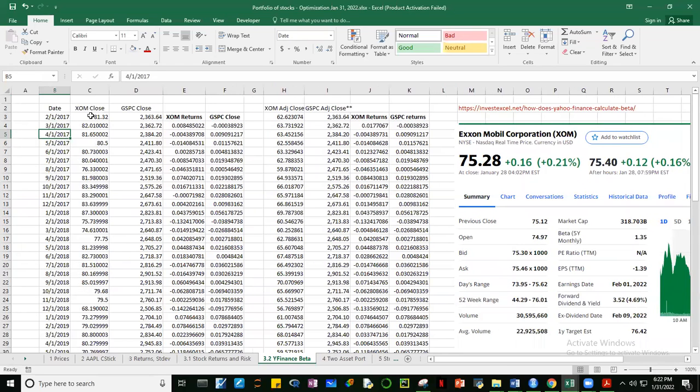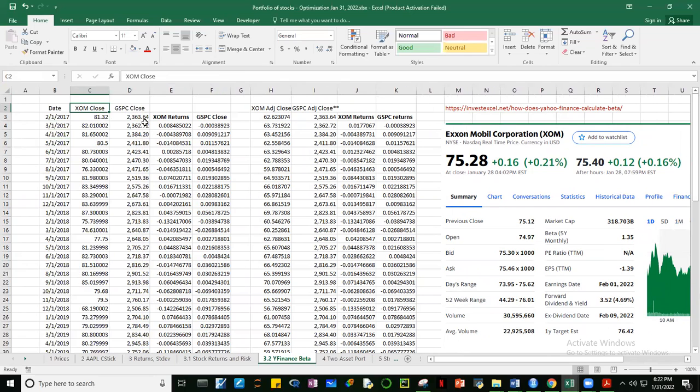So I got the Exxon closing price because that's what Yahoo Finance uses, yung closing price. And then the Standard & Poor's close. And as you know, we compute for the returns. Kasi returns talaga yung ginagamit natin to compute for your beta, not the stock price. So I just use the simple returns, yung ratio ng price at time t divided by t minus 1.